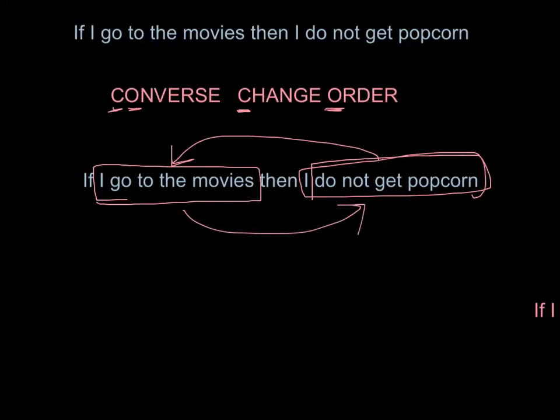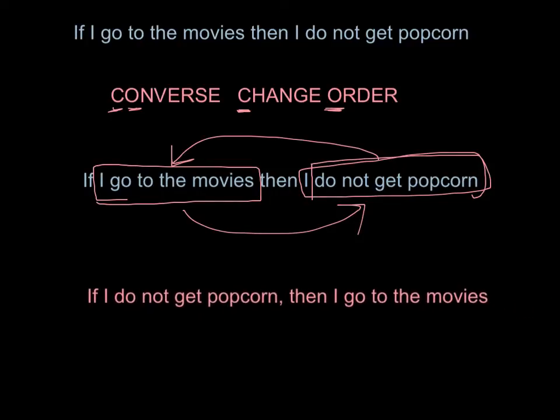So, when we change the order, it winds up to be the following. If I do not get popcorn, then I go to the movies. Notice that we are just switching places with both parts of the conditional statement. The hypothesis becomes the conclusion, and the conclusion becomes the hypothesis. So, again, converse, change order.